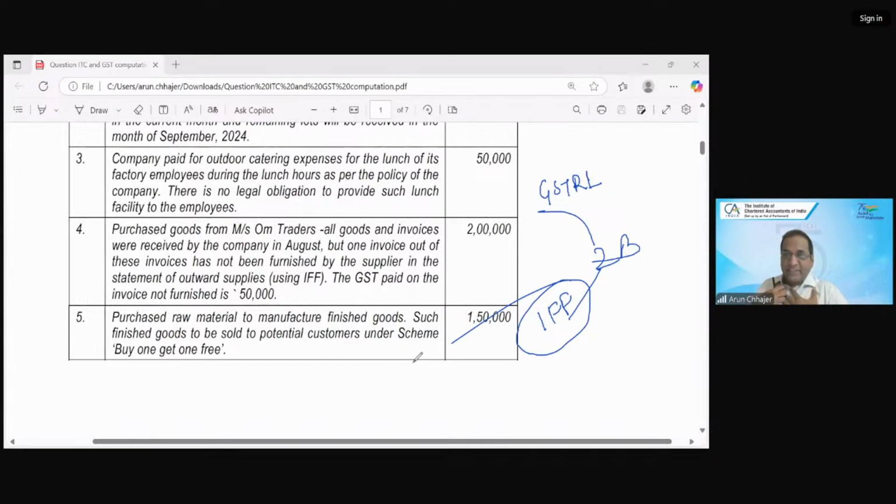I am a monthly taxpayer, so I will claim the ITC based on my 2B, but my supplier is under QRMP. If the supplier does not add it in the IFF, I am not able to take ITC in M1 and M2. I have to wait for the end of the quarter, then only I can claim the ITC.